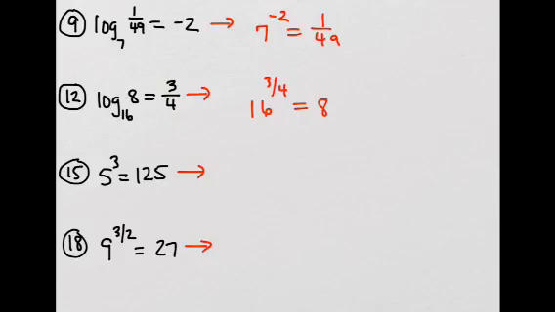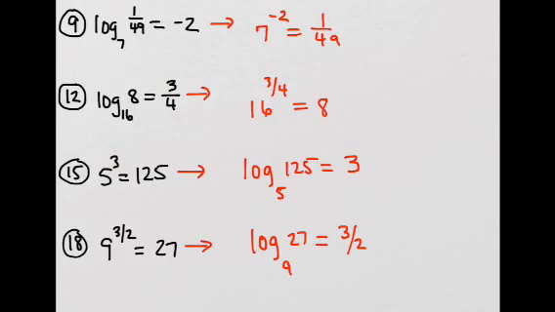So we write log base 5 of 125, and remember, on the other side of the log is always the exponent. So on the other side of the equation of the log, this is the exponent, which is this one right here. So 18, log base 9 of 27 is the exponent, 3/2.